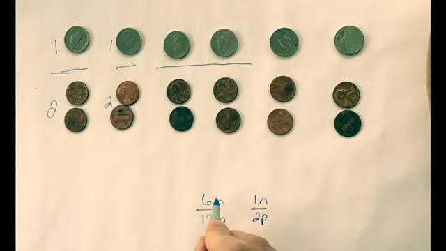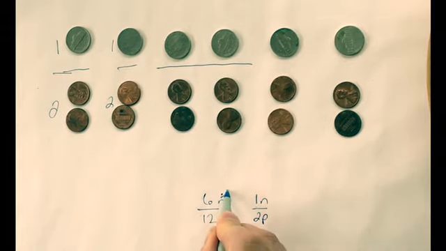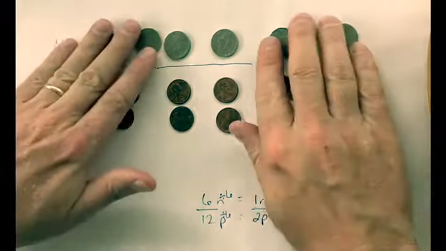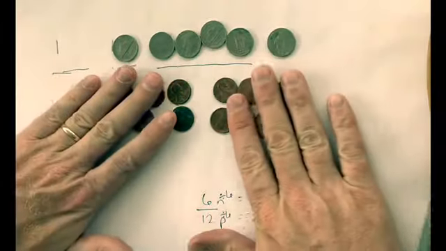So if I take 6 and divide it into 6 equal groups, the nickels, and then I take my 12 pennies and also divide them into 6 equal groups, 6 divided by 6 equals 1. 12 divided by 6 equals 2. So 1/2 is the same as 6/12 because I have 6 nickels compared to 12 pennies.